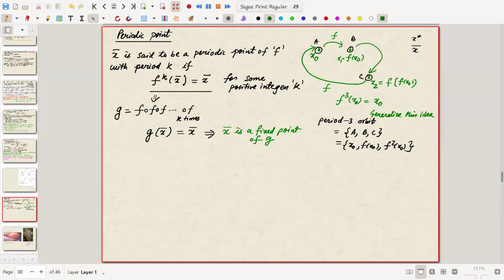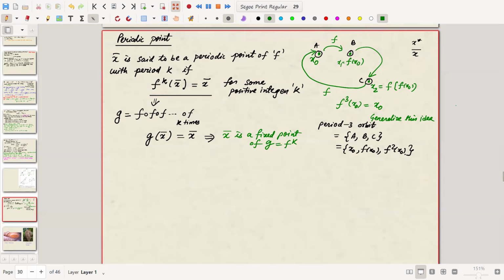Now what is g? g is f^k. So you can see it is like a periodic point, most important, x bar, which is a period k point, is a fixed point of f^k because f^k of x bar is equal to x bar.